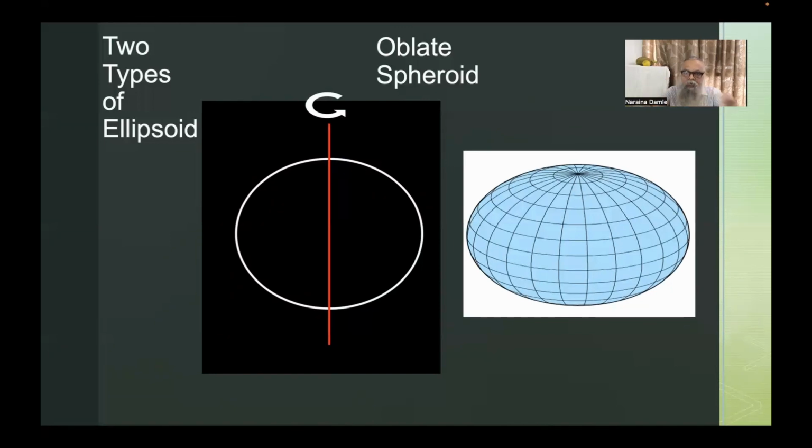If all three dimensions are different, then it cannot be generated by revolving, and it is called a scalene ellipsoid, like we have a scalene triangle. I just found this yesterday on Wikipedia, and I wanted to share it so that we have more information than what we already have.